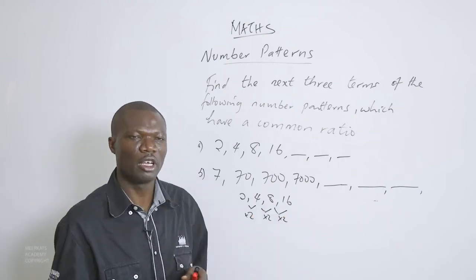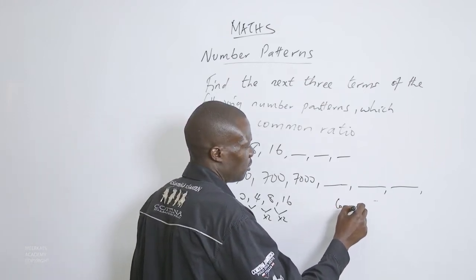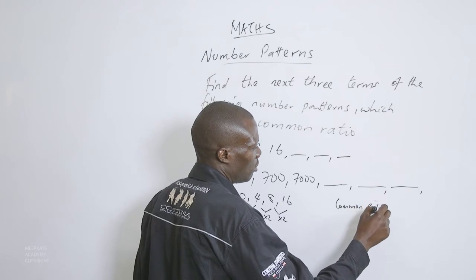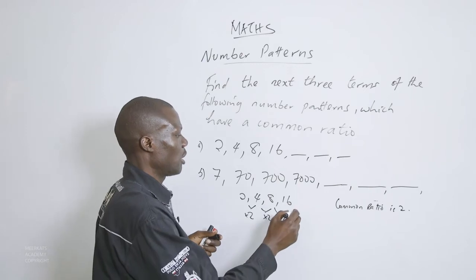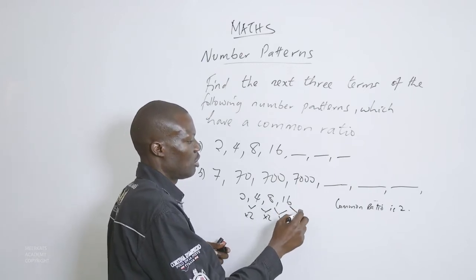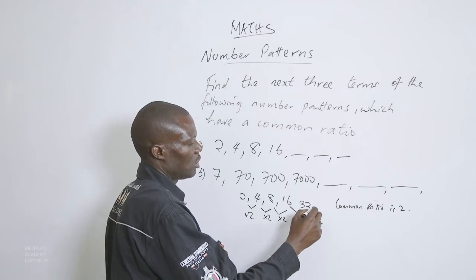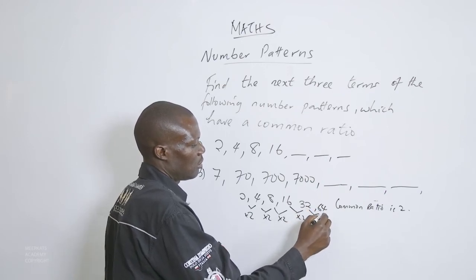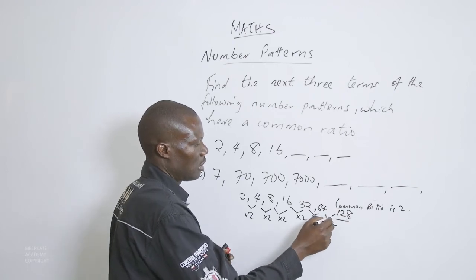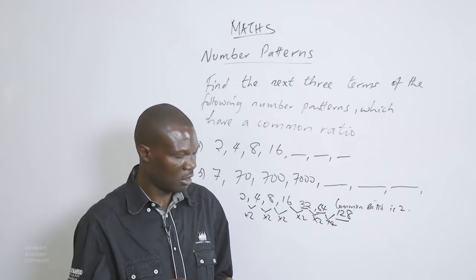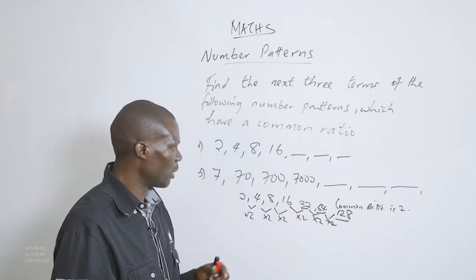So the common ratio is 2 in that particular case. To get the other numbers, 16 times 2 is 32, then times 2 is 64, then times 2 is 128. So the terms are very clear.